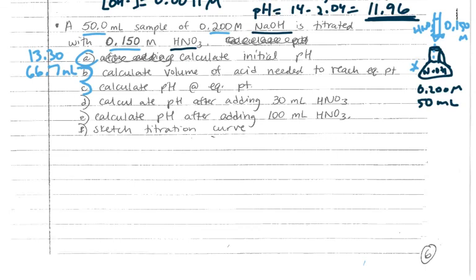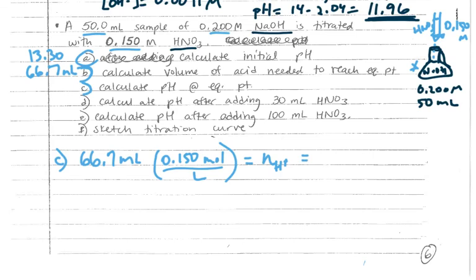So the next thing is to calculate the pH at the equivalence point. At the equivalence point, we have 66.7 milliliters of 0.150 moles per liter of acid. This will tell us our moles of acid. 66.7 times 0.1. Oh wait, why am I even doing this? Okay, I can do this.